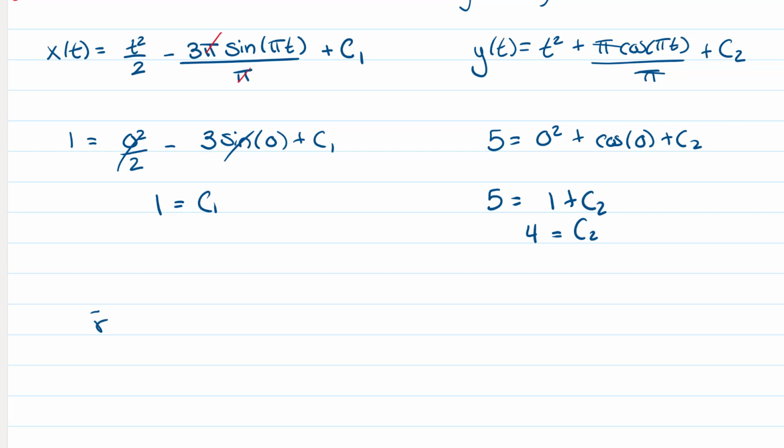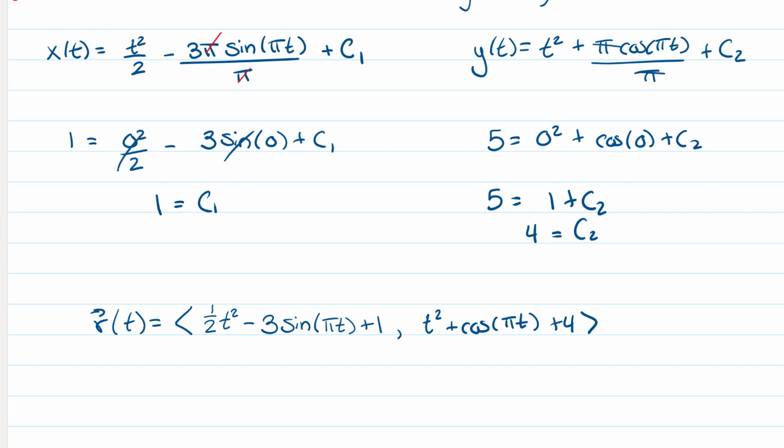So my position vector is going to be (1/2 t squared minus 3 sine of πt plus 1, t squared plus cosine πt plus 4). And now all that is left to do is go ahead and graph that on your calculator.